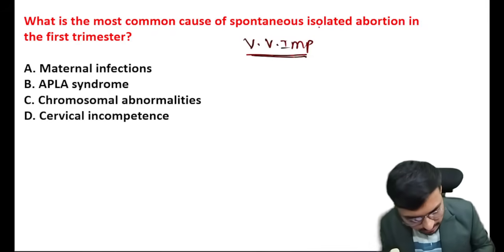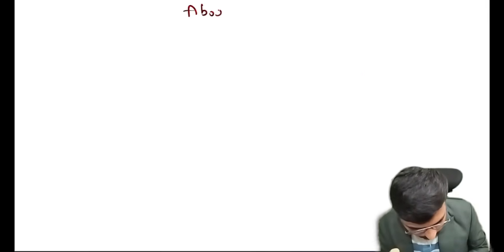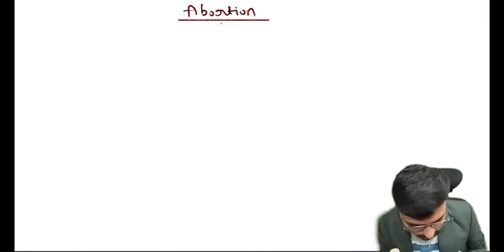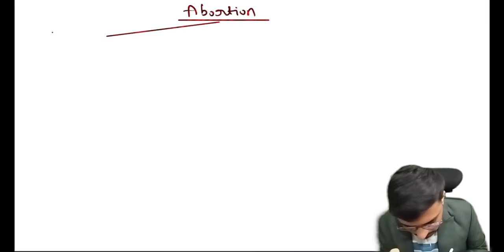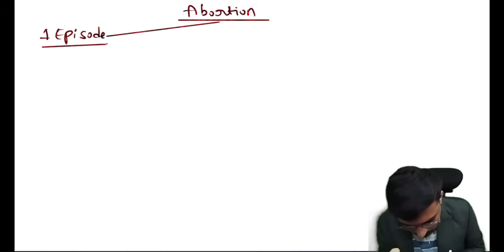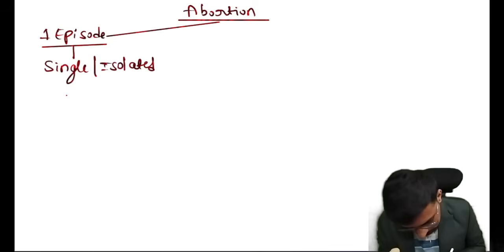What is the most common cause of spontaneous isolated abortion in the first trimester? Beta, what is an isolated abortion? Remember, in abortion, if only one episode is there, we call this a single episode or isolated abortion.